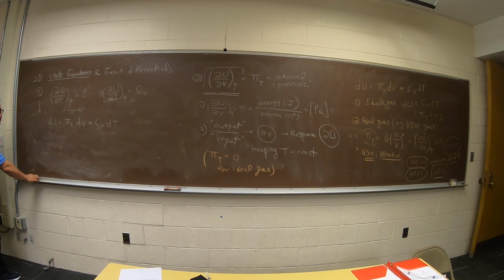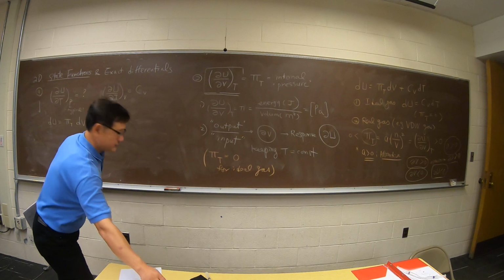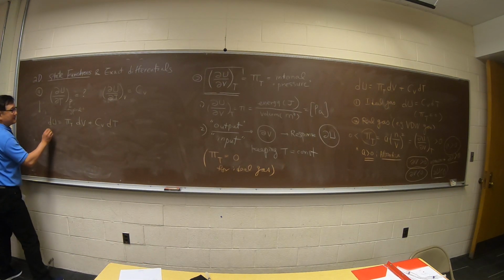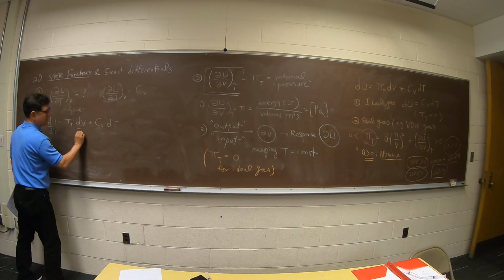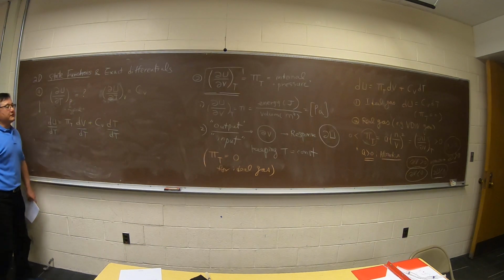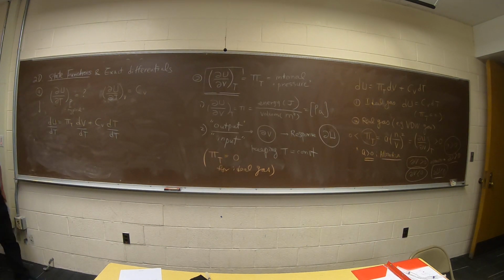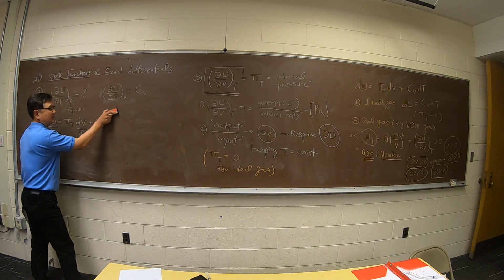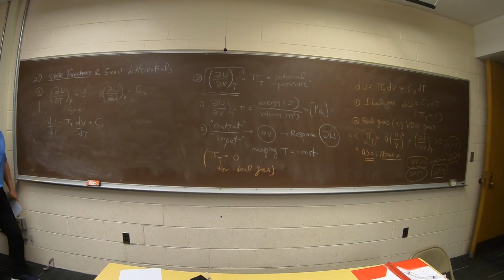And then what I'm going to do is divide this by dT. So everything is in dT here, and by doing so, this equation is simplified.